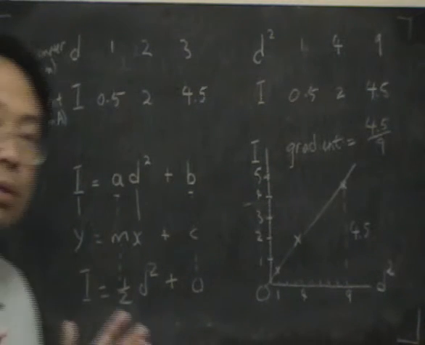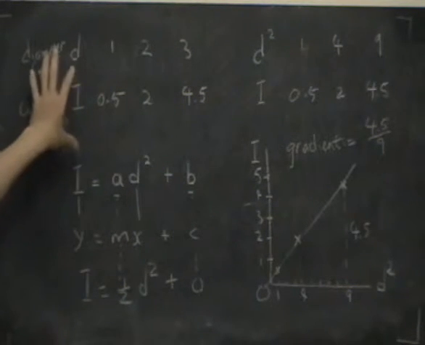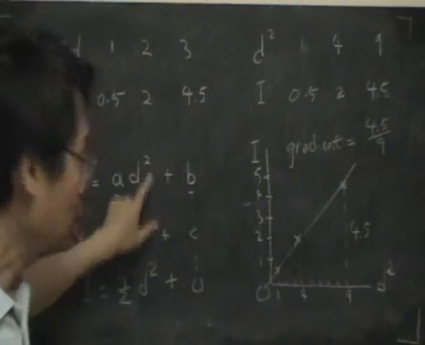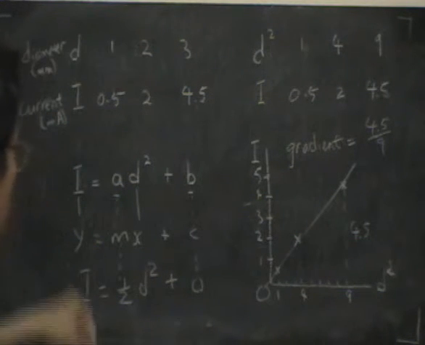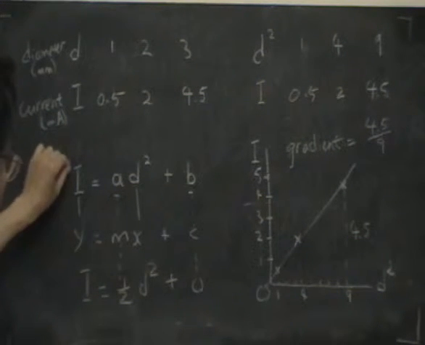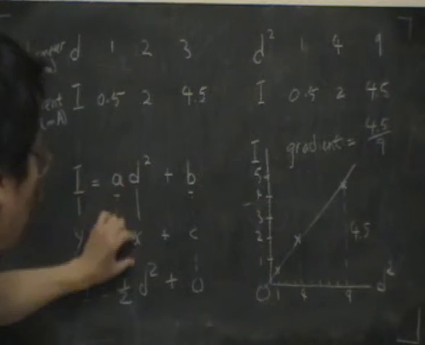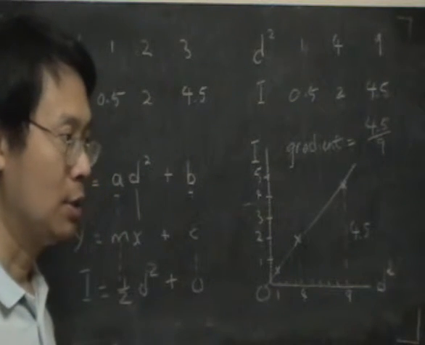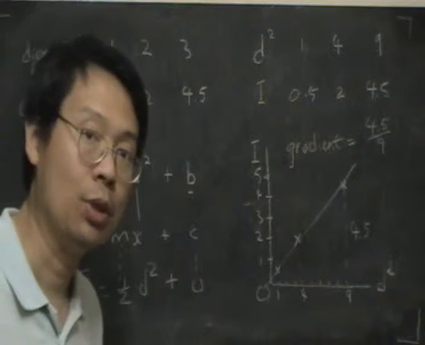So that's how we can turn an equation containing, for example, a square into a straight line. And the trick is to associate, in this case, d squared with X and I with Y. And we can actually also do this for other types of equation.